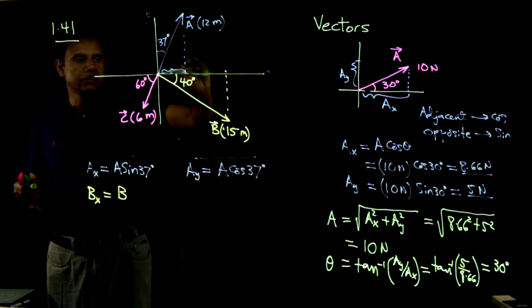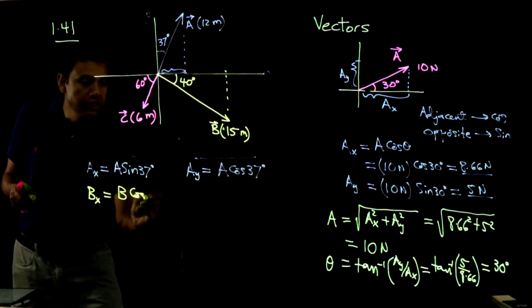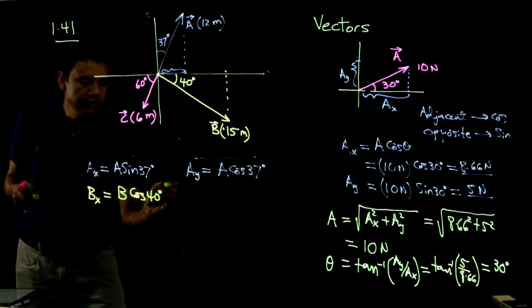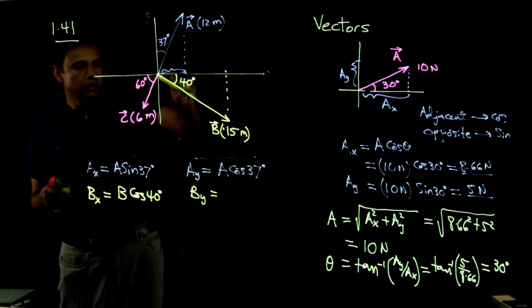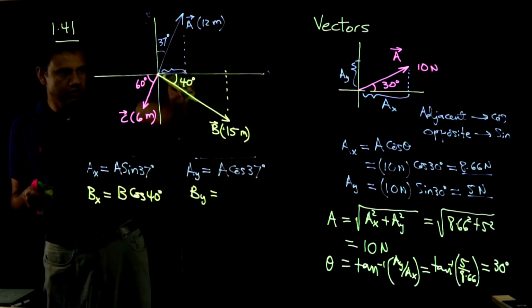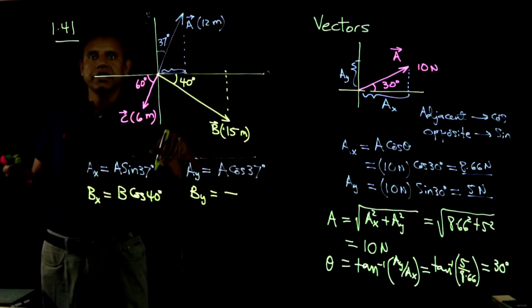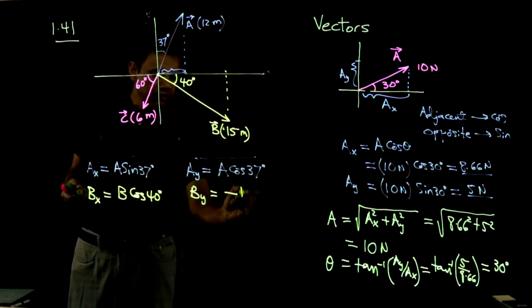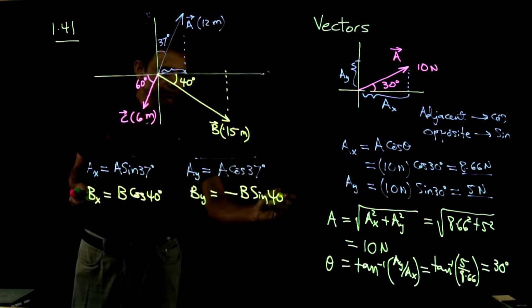This is the adjacent, so I'm trying to find the component right here, right next to the angle. So that's the adjacent, so that's cosine. Cosine of 40 degrees. And By would be, I bring this vector here, and so downward. So that means I have a negative sign because it's pointing downward in the negative y direction. So I write B, and that's sine because that's the opposite side of 40.